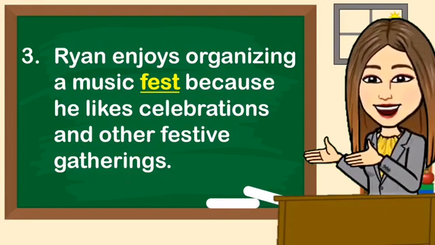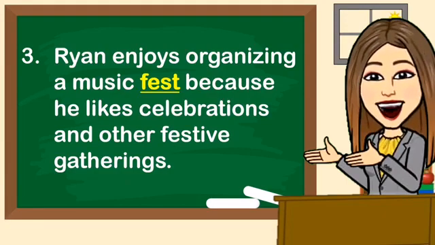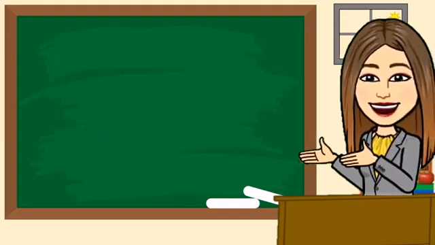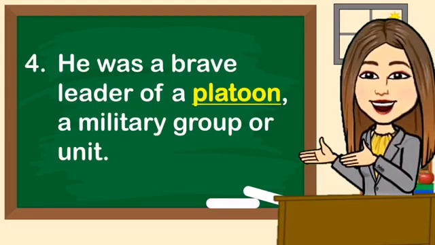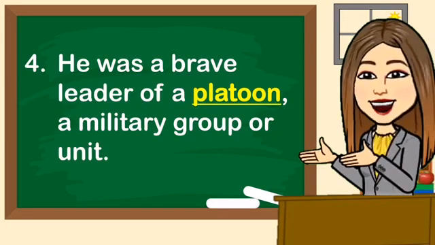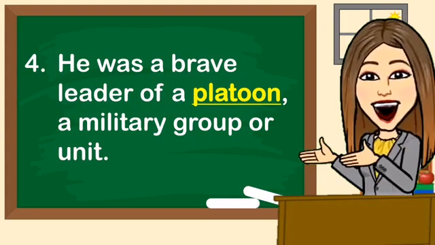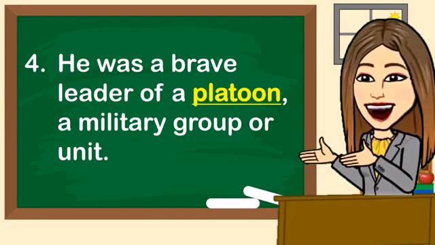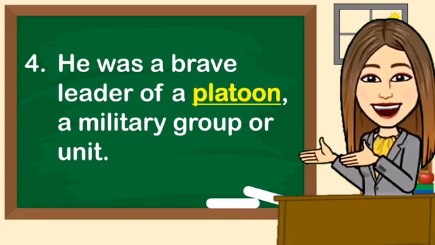The unfamiliar word is fest. Use context clues in finding the meaning of the word fest. Number 4. He was a brave leader of a platoon, a military group or unit. The unfamiliar word is platoon. Use context clues in finding the meaning of the word platoon.